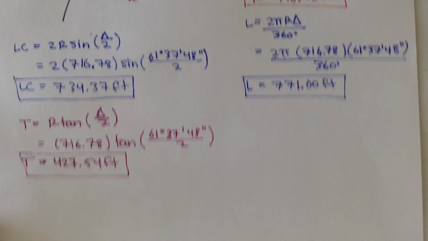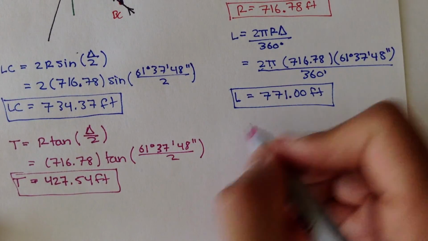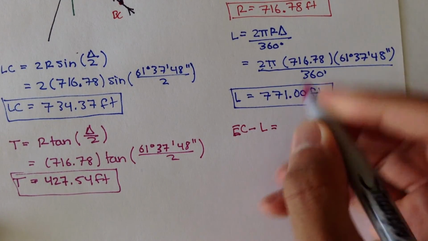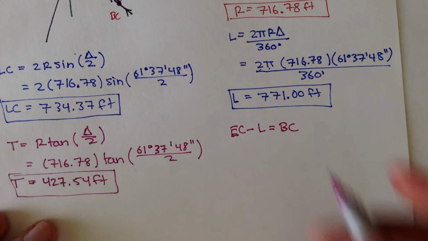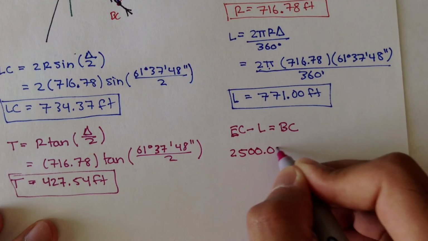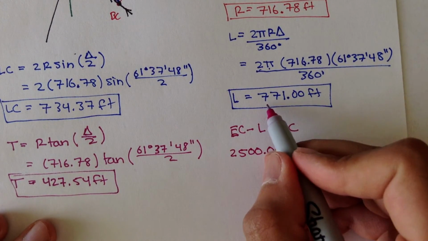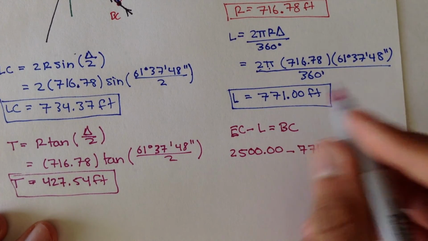First thing we need to do is subtract L from EC. So EC minus L will give us our beginning of curve, right? Our EC is 2500, remember that's given in the problem, minus the length, our length up here is 771.00 feet.